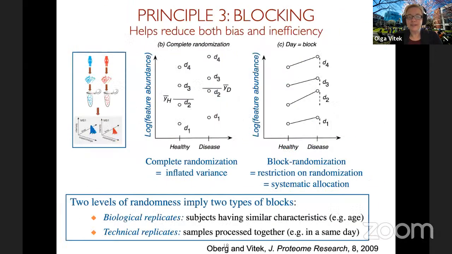In the same day, I have one healthy, one disease. I'm looking at differences between healthy and disease. On the second day, I also have healthy and disease, and I have one difference. On day 3, I have one difference. On day 4, I have one difference.